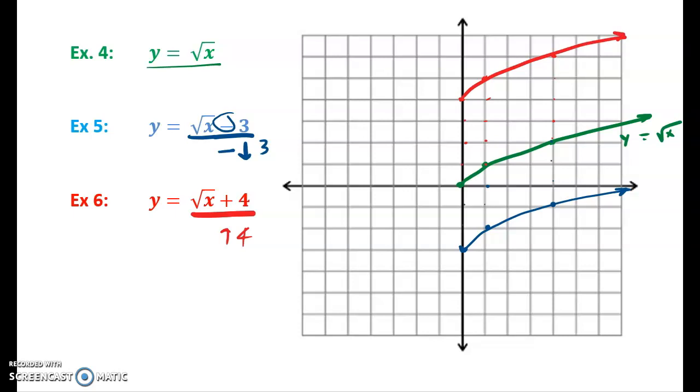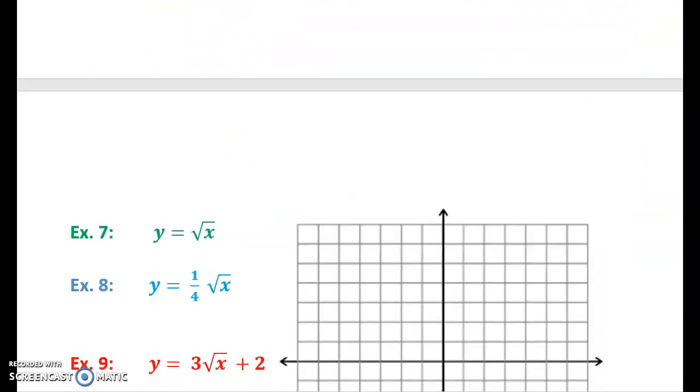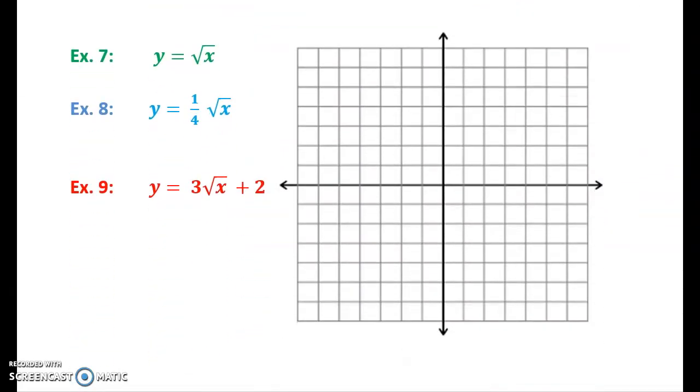What happens when we combine these? So I'm going to go a little off my script here. Let's cross that out, and let's do y equals the square root of x minus 2, plus 3.